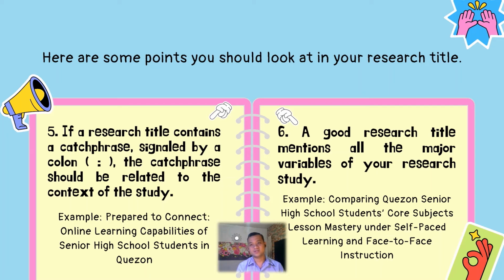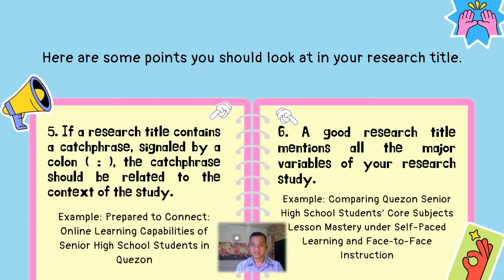Number 6, a good research title mentions all the major variables of a research study. I think that this is the most important and the most encompassing of all the points listed here in the slide. For example, take a look at this. Comparing Quezon senior high school students' core subjects lesson mastery under self-paced learning and face-to-face instruction. I think this title has it all.